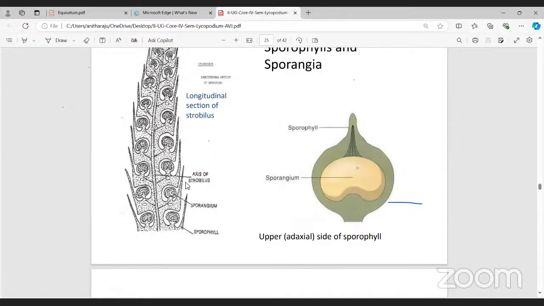This is the axis, the center axis, and in the center spirally arranged microsporophylls. This is a leaf with microsporangia. The sporangia are present at the leaf's upper side, the adaxial side, which is important, not the lower side. Adaxial is the upper side, abaxial is the lower side.